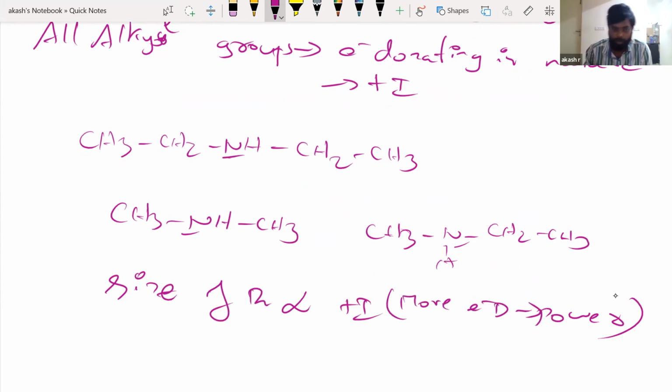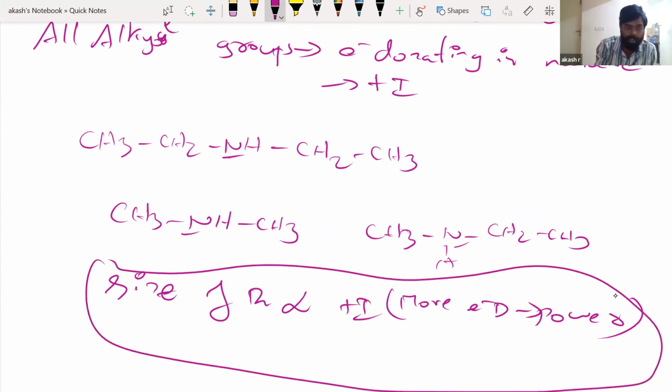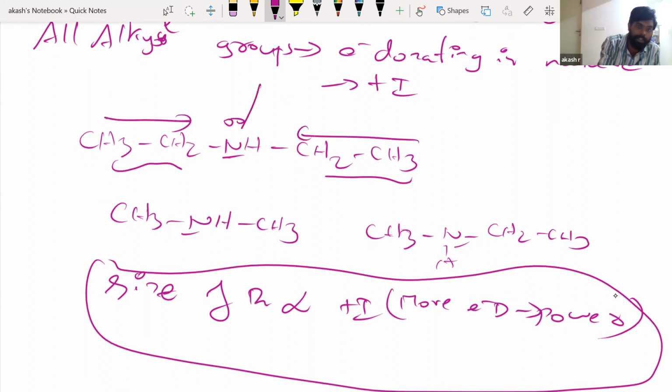So now, if you try to understand this point, you will be able to answer this question. Now you see that here there are 2 and 2, so this is going to give me a very big increase in lone pair, twice, right? Now in this case, there are smaller ones, so the lone pair availability is going to increase twice, but only a smaller increase.